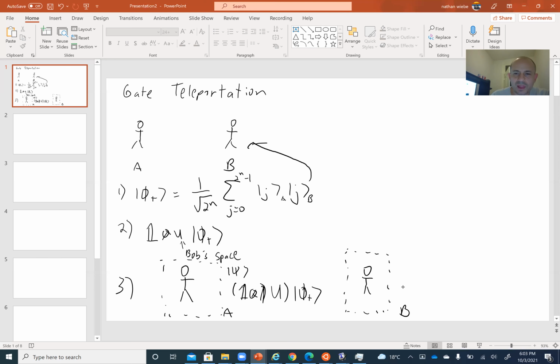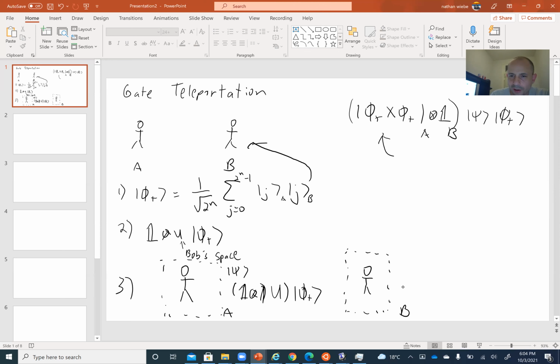And so then if Alice is capable of applying a projection onto the state psi, phi plus, where this part over here is Alice's space and this is Bob's space.